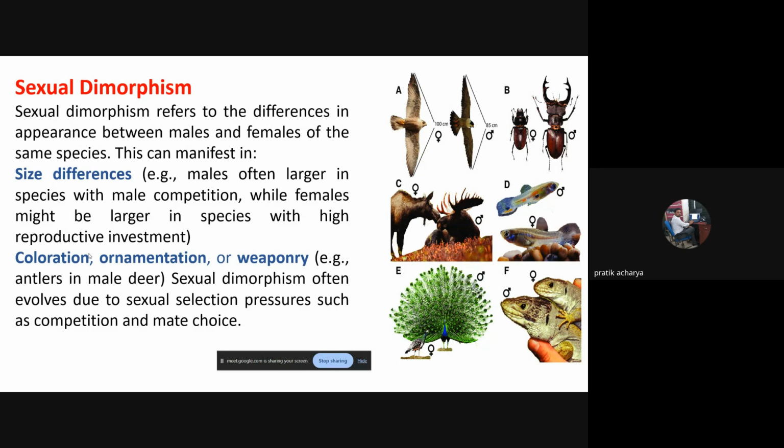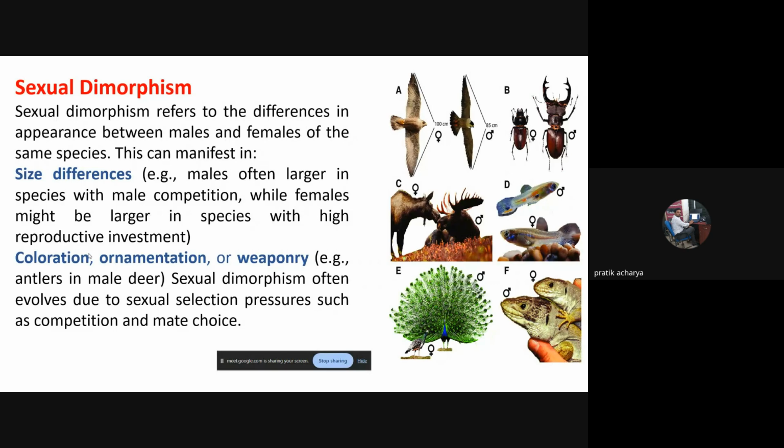So what kind of dimorphic characteristics, or in which manner can we find them? The size differences are there. Males in certain organisms are often larger in species with male competition, while females might be larger in species with high reproductive investment. So these are different dimorphic characteristics. In some species, we can find larger males.